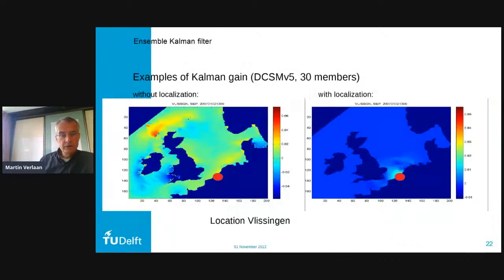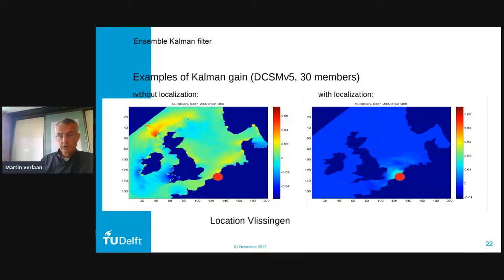To give you some idea of the spurious correlations, we've done a simplified example with a coarser model and fewer ensemble members, and then you can see on the left the correlation between Vlissingen at the red dot and the surrounding area. And you can see that in addition to the positive correlations or positive changes in the neighborhood of the tide gauge, we also see updates very far away.